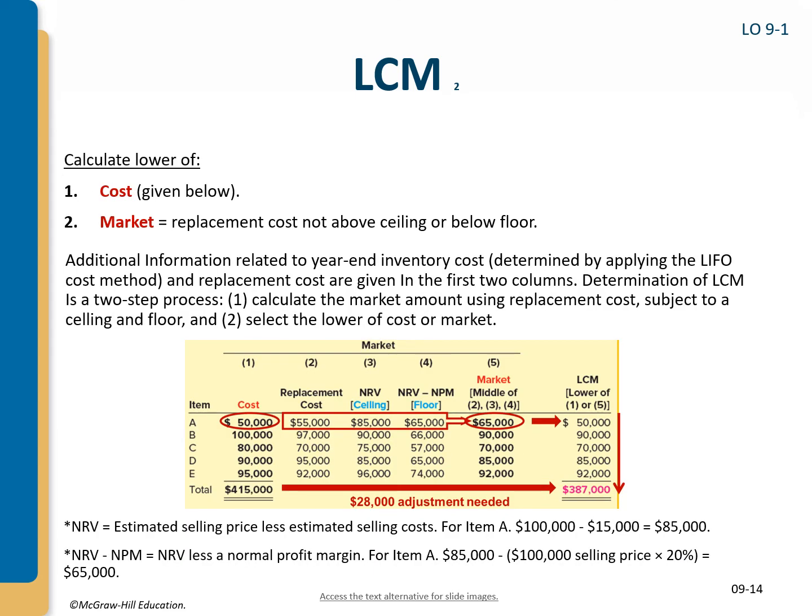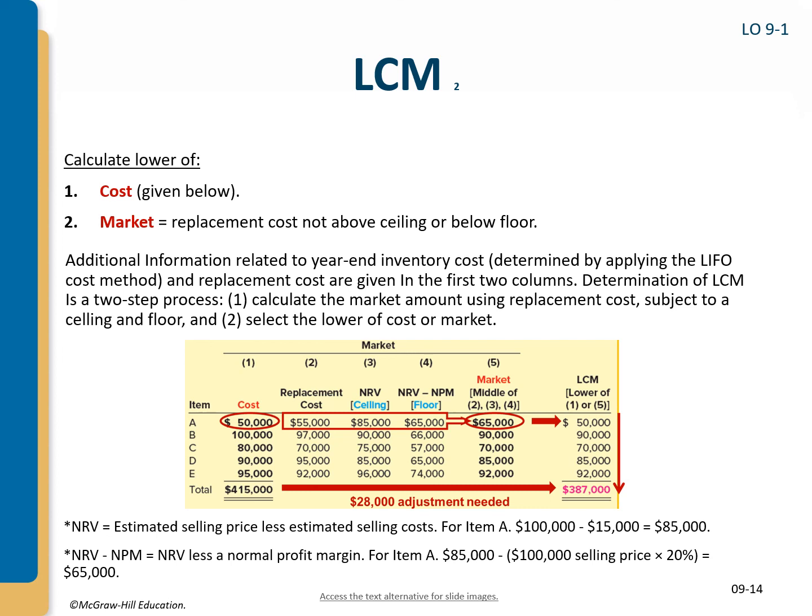Now, how do we figure out the market? Market will be the replacement cost unless it's above ceiling or below floor. Take a look. So we know the cost of the item is $50,000. Replacement cost. If the company had to buy that item today, it would cost them $55,000. Today being December 31st. Our company uses LIFO.